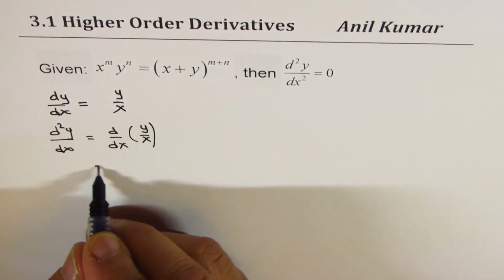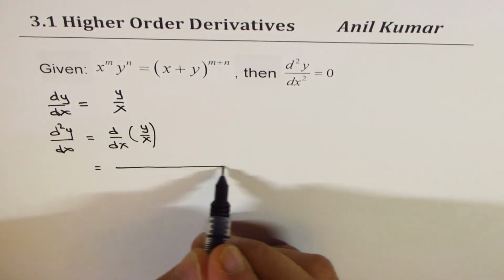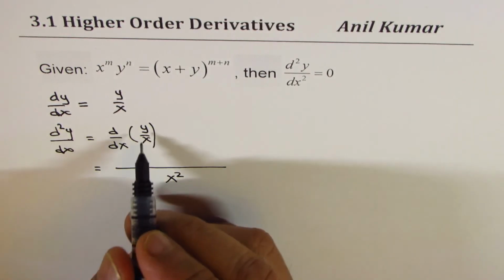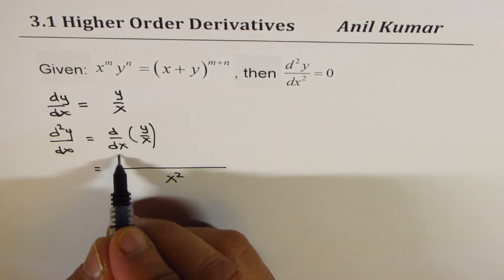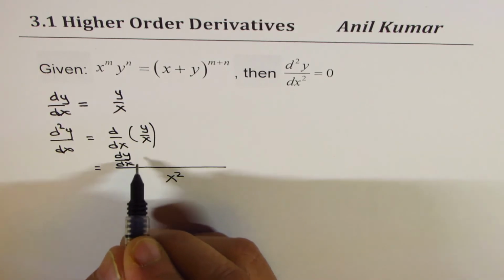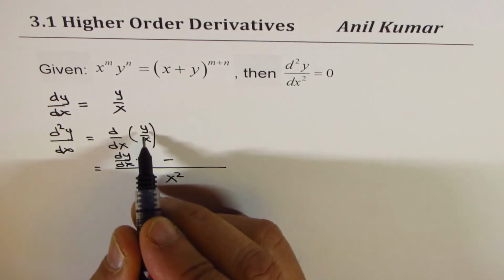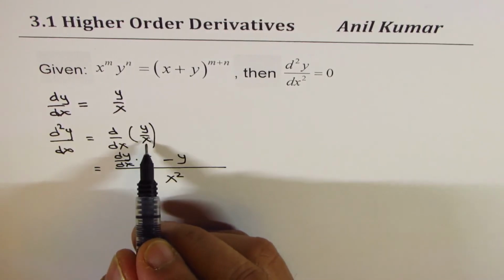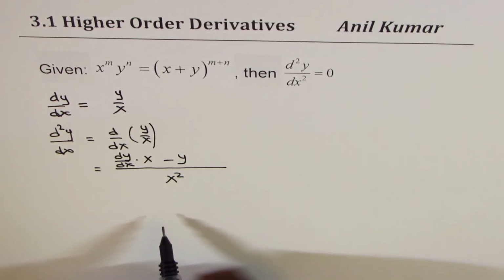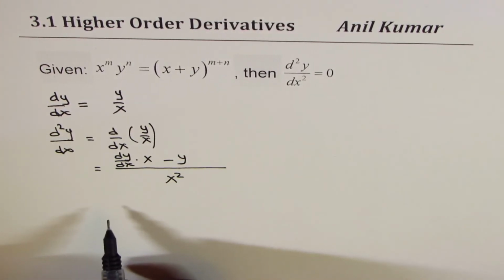So we can apply the quotient rule, which will give us x squared, (dy/dx) times x minus y times the derivative of x, which is 1. So that is the second derivative.